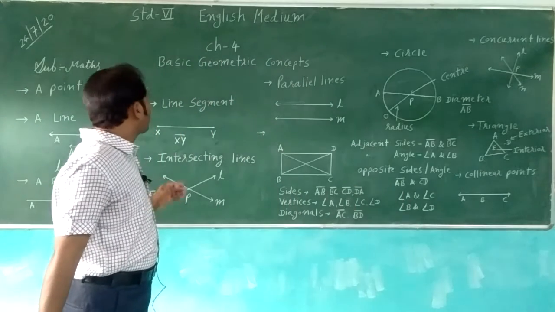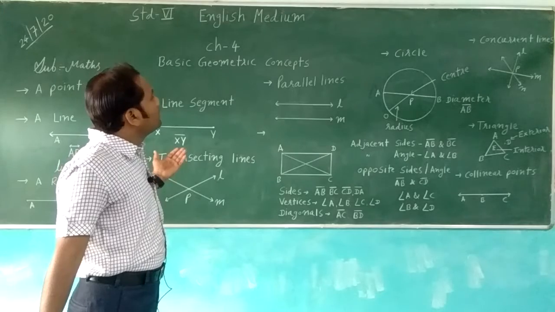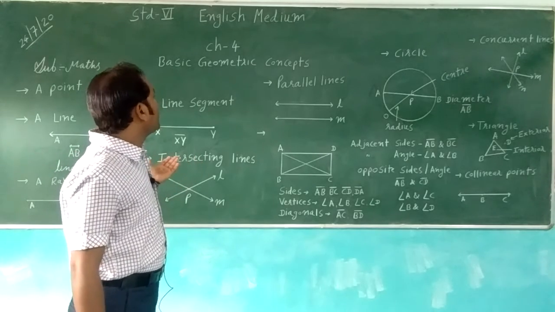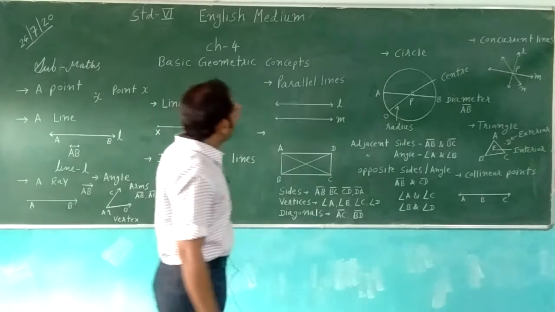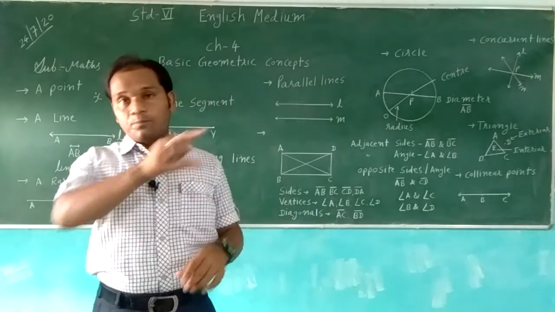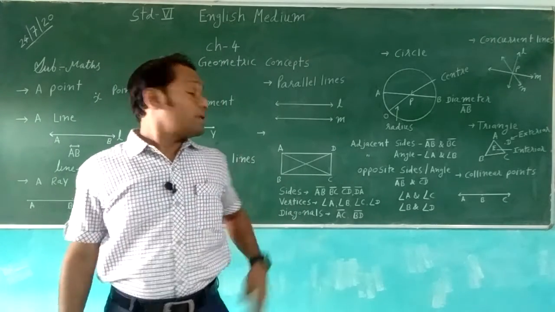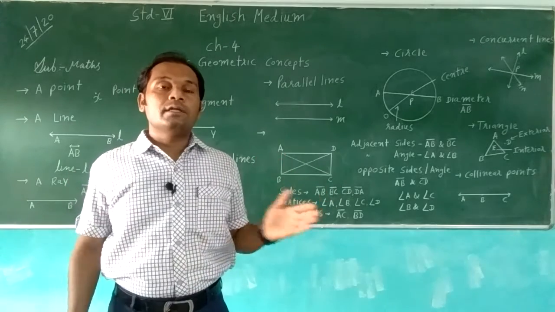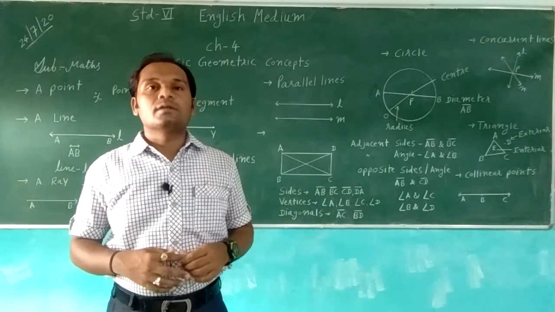Next we will see parallel lines. Two lines are called parallel lines if they go together but they never meet with each other.